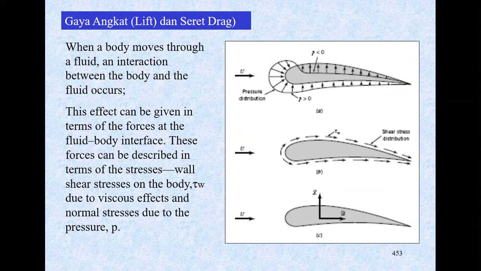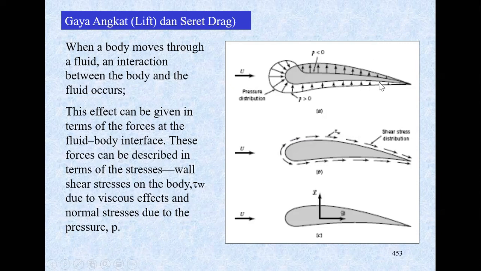So let's take a look at this example of the airfoil, the one that we used as an example previously. As you can see over here, as the fluid moves relative to the body or the other way around, you're going to have pressures. Just like what we had previously, you have pressure on all the surface with different magnitude and directions.